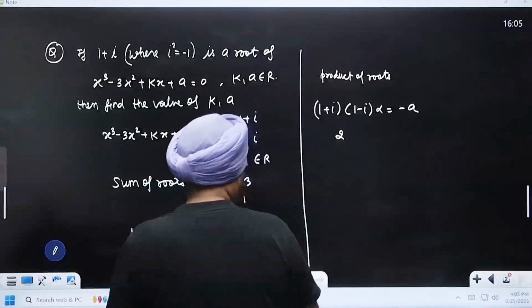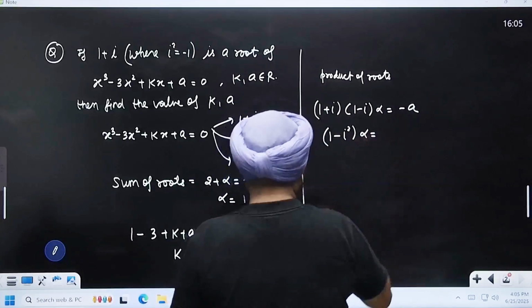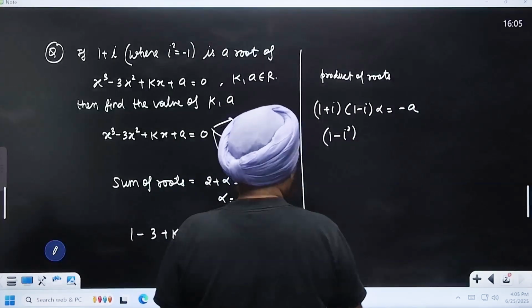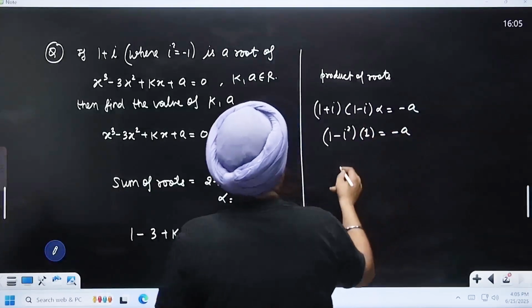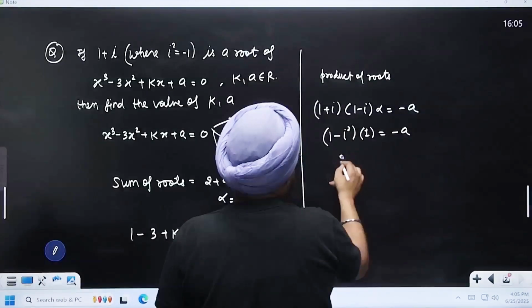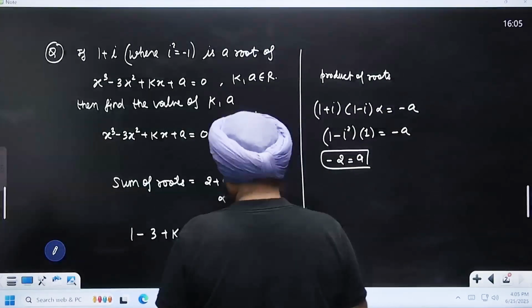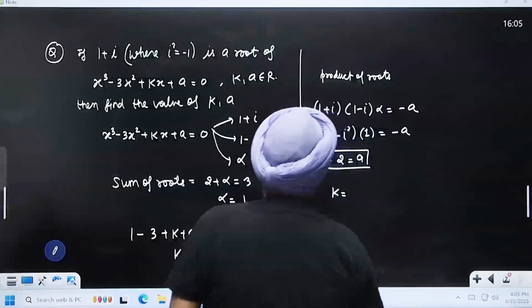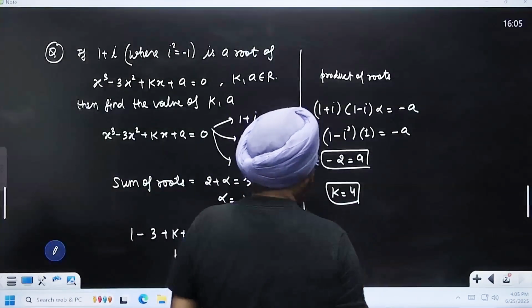This will be (1 minus i square) times alpha, and alpha has been found as 1. i square is minus 1, so 1 plus 1 is 2. So the value of a is equal to minus 2, and substituting this value in equation 1, we get the value of k as 4.